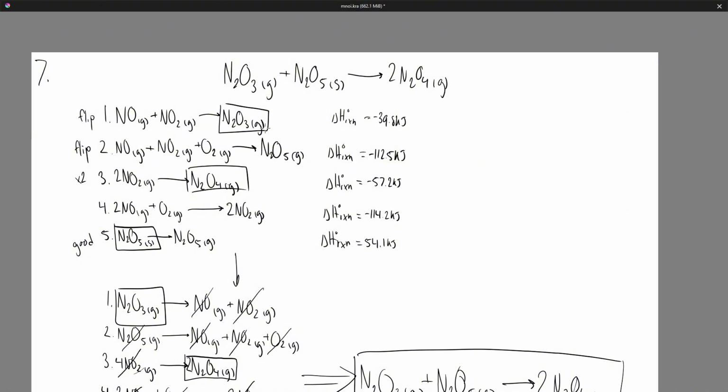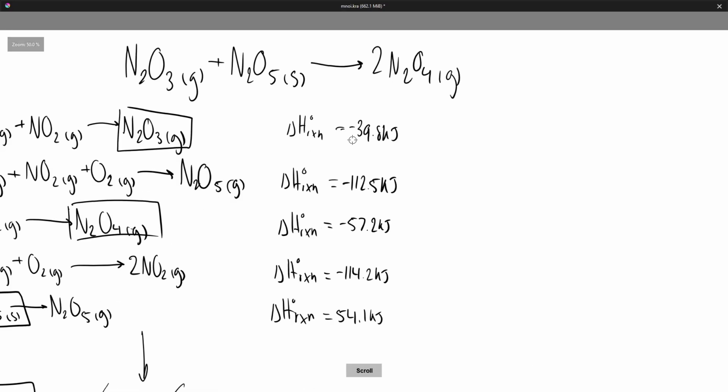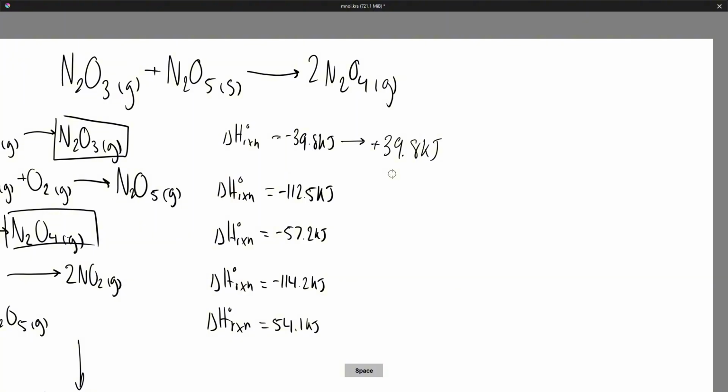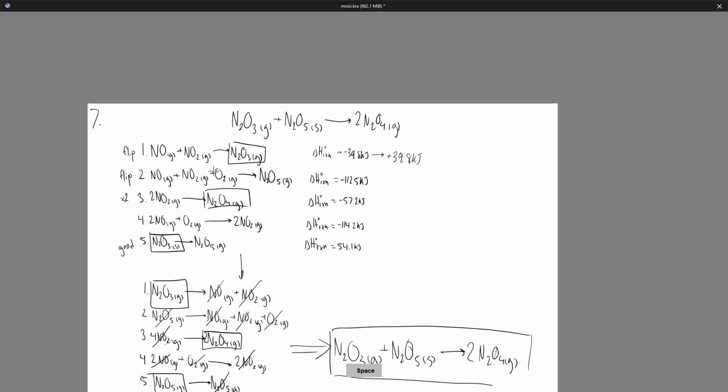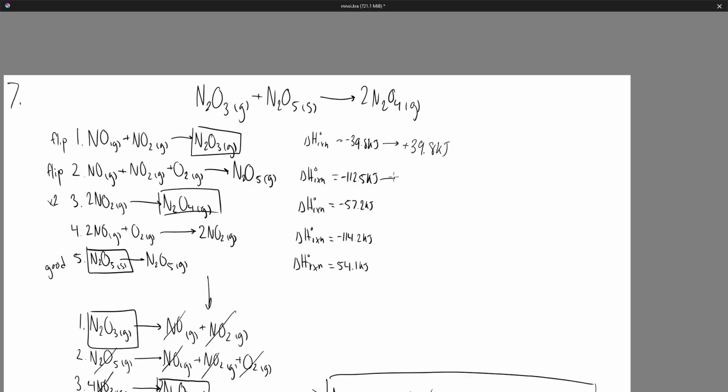Okay, now for the enthalpies of reaction, we want to do what we did to the equations onto them. So for a flip, we flip the sign here. If it's negative, it turns positive. Since that is negative right here, it turns to a positive 39.8 kilojoules. Same for this bottom one. It got flipped, so we flipped the sign as well.